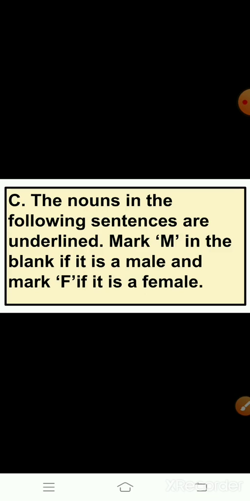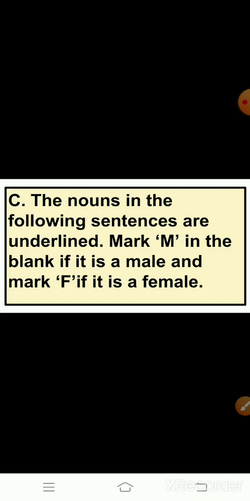Okay, now see this activity. The nouns in the following sentences are underlined. I'll be reading out some sentences, and in those sentences the nouns are already underlined. Now what you have to do, you have to mark M in the blank if it is a male, and you have to mark F if it is a female.